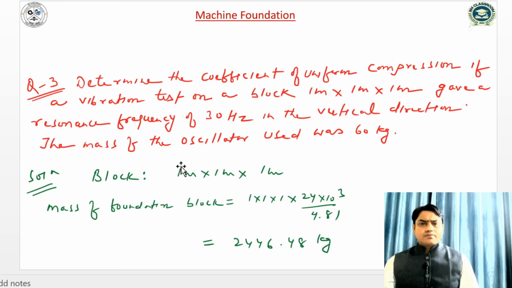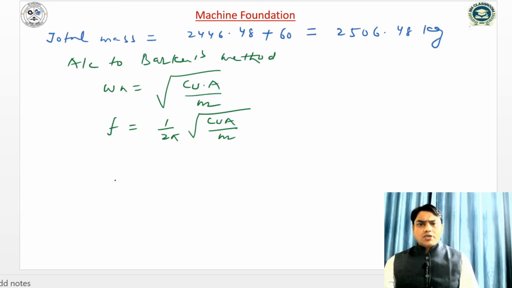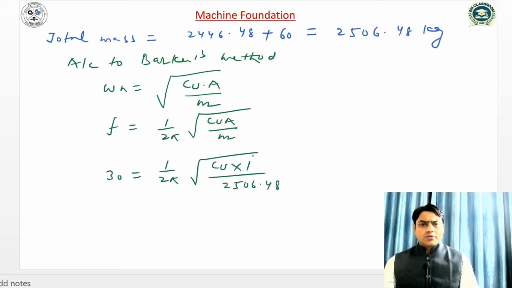And frequency is given 30. So 30 is equal to 1 by 2 pi square root of Cu into area 1 divided by mass 2506.48.